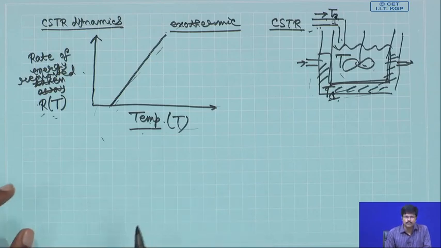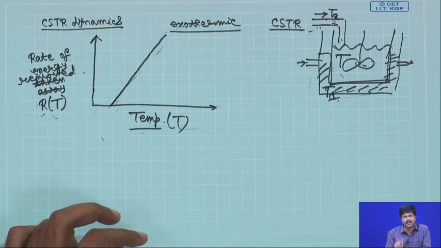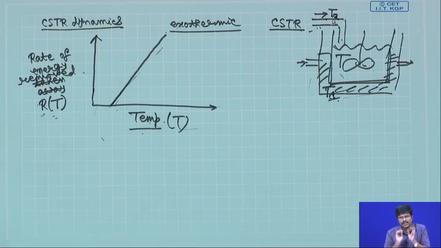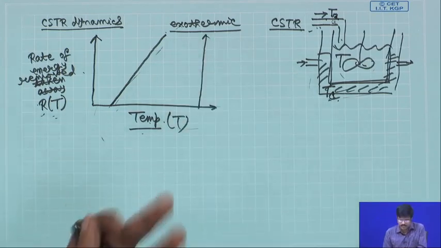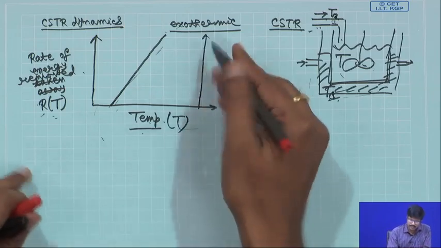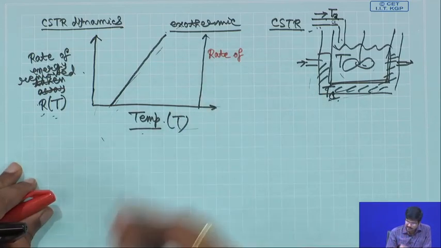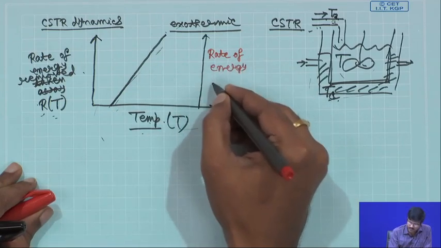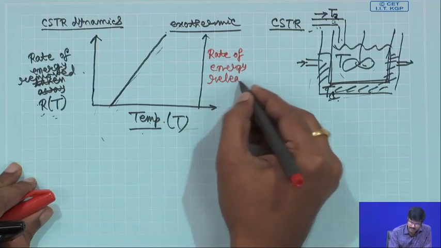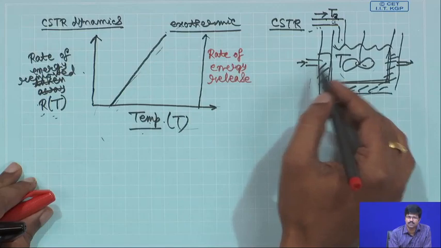Now, if you are doing an exothermic, irreversible reaction, it is also releasing some energy into the reaction mixture. How does that vary? Let us label it like this: this is the rate of energy released by the reacting mixture, because the reaction is going on.